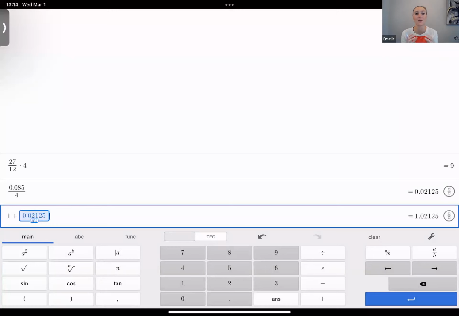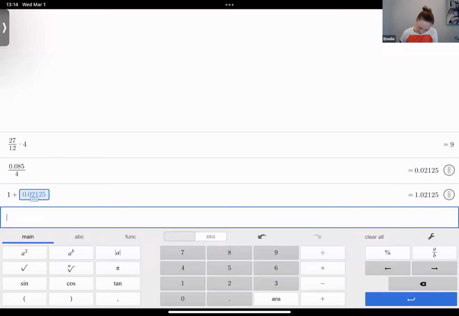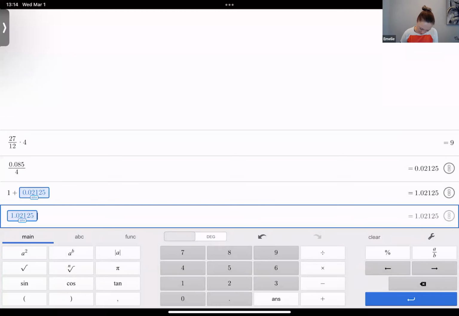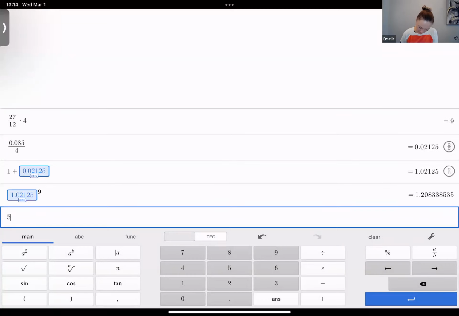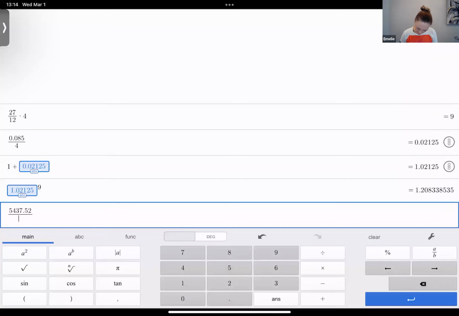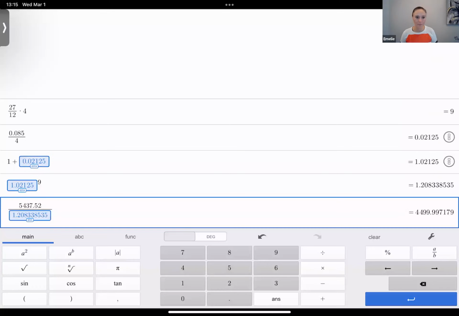The brackets just happen to be in the denominator now, but I'm still going to work through the same process. So then take that answer to the power of 9. And then 5,437.52 divided by the previous answer.